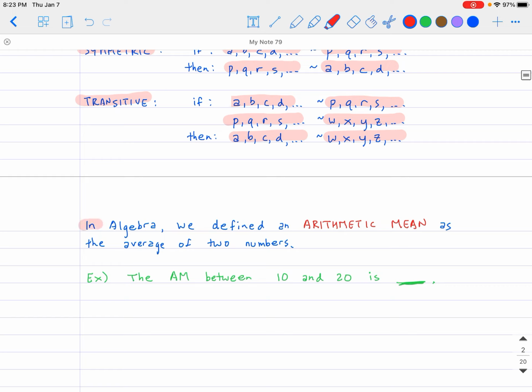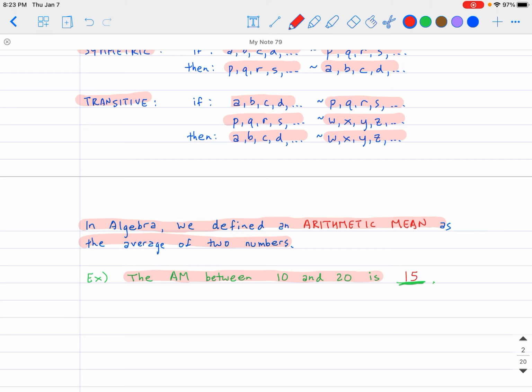In algebra, we define something called an arithmetic mean as the average of two numbers. If you've never heard of the term arithmetic mean, that just means average, or plain old mean. So if I'm trying to find the arithmetic mean, that's what AM stands for, between 10 and 20, that number, according to algebra, is going to be 15.